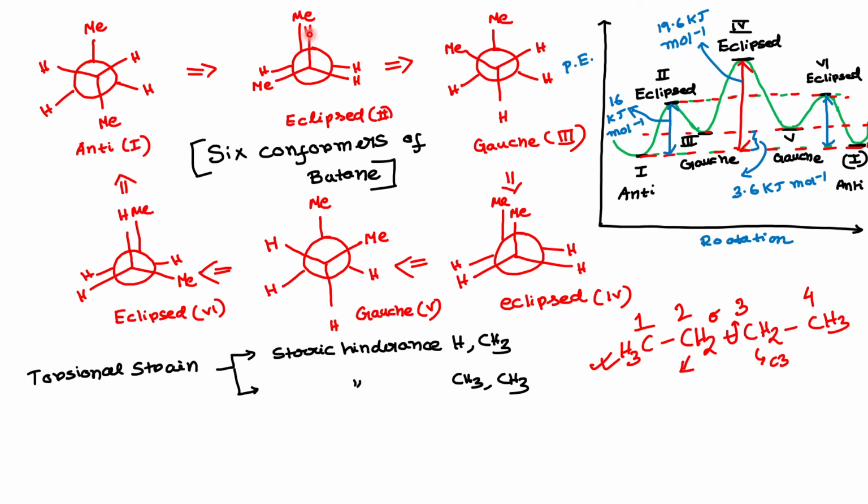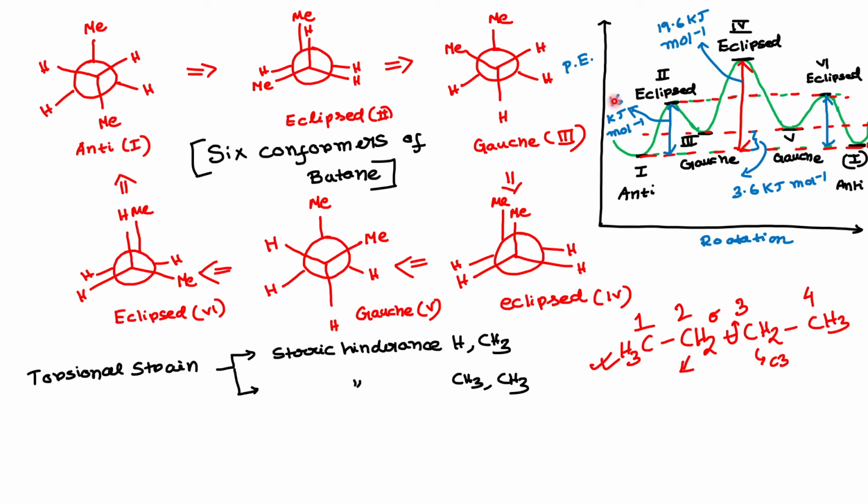Now in the eclipsed form, there is a huge torsional strain between this CH and this methyl group and this hydrogen atom. So there is a steric hindrance between this CH and CH3, so there will be torsional strain, and due to that torsional strain the energy will be increased in the eclipsed form.